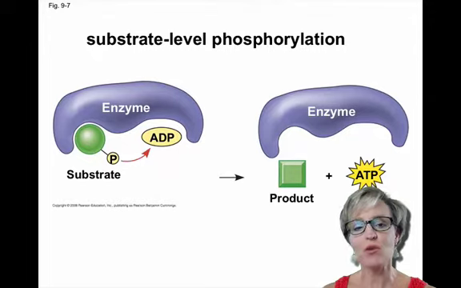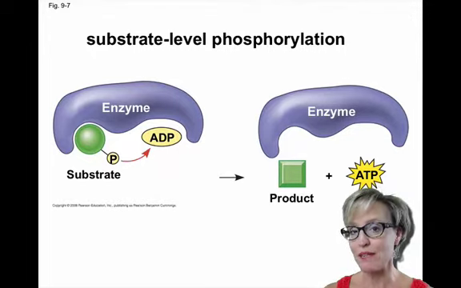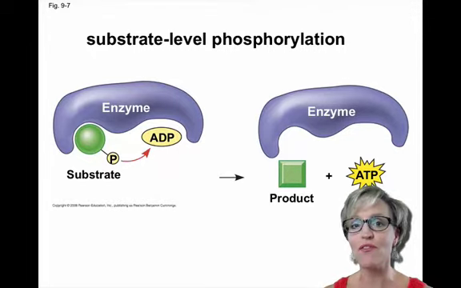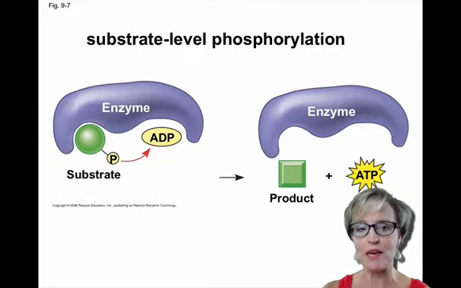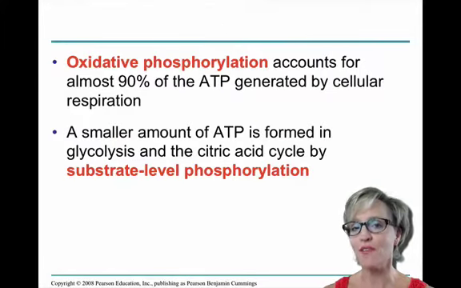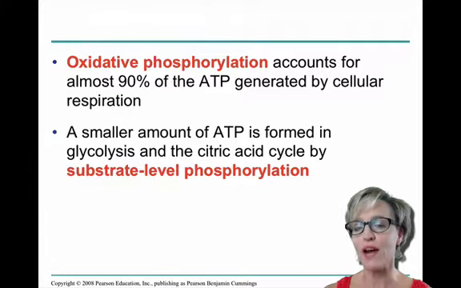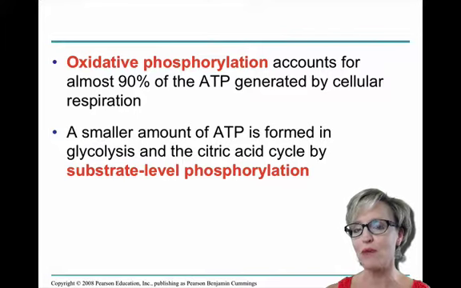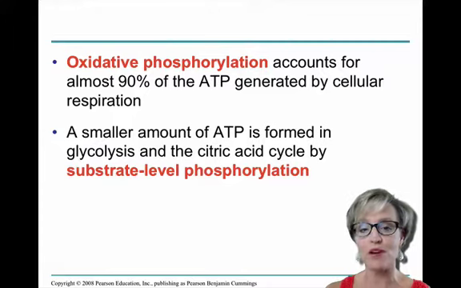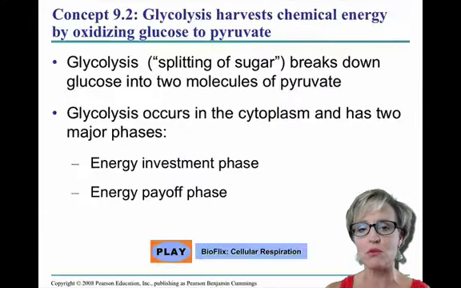The enzyme will grab an ADP, adenosine diphosphate, and it will phosphorylate it with an inorganic phosphate, making it ATP. Now, oxidative phosphorylation will generate by far most of our ATP, 90% of it. Only 10% comes from glycolysis and the citric acid cycle through substrate level phosphorylation. So just keep that in mind as we continue through.